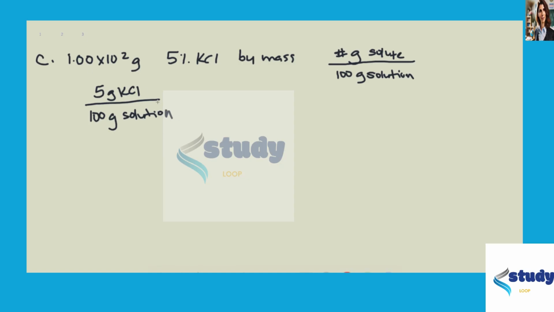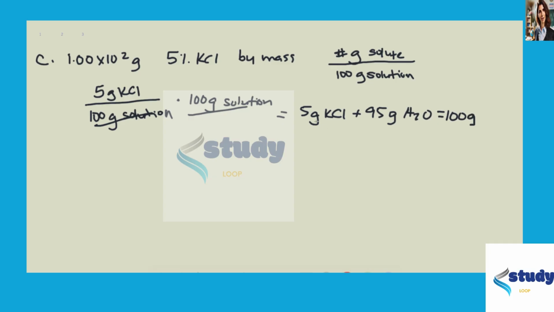We want to make 100 grams total of solution, or 1.00 times 10 to the second grams, so we can multiply by that. What that tells us is we need to mix 5 grams of potassium chloride with 95 grams of water, the solvent, to give us 100 grams total of solution, 5% of which is potassium chloride.